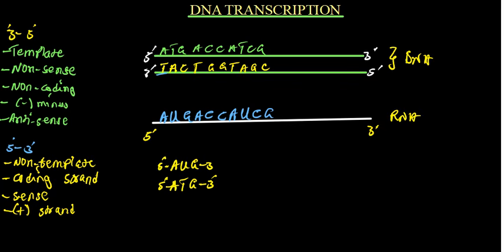The reason why we call this the sense strand or the coding strand is because it has the same codons or base sequences as the RNA, except that where there is thymine in the coding sequence of DNA, you are going to find uracil. This is what I want you to understand as we get into this topic.